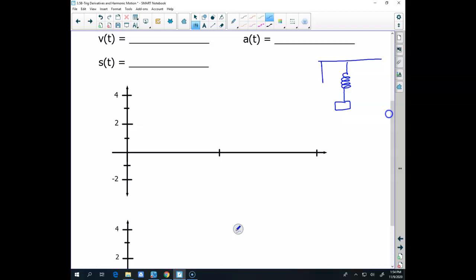Now the position is measured from the ceiling, okay? So I need to think about something. As my spring is moving down, what is happening to the position of the object in relation to the ceiling? As it goes down, this object gets further from the ceiling, right?